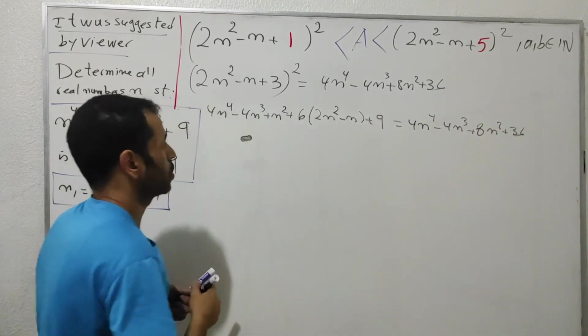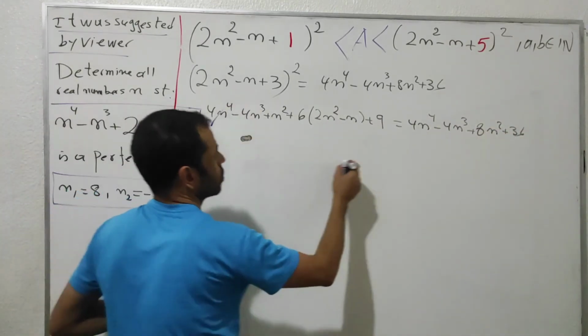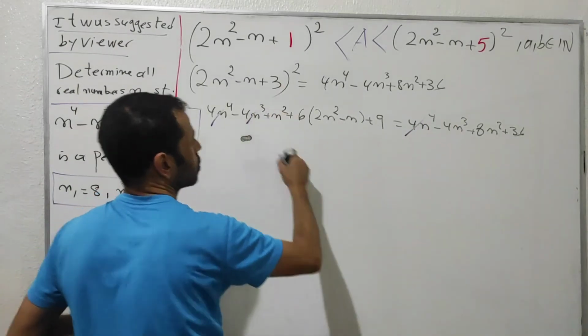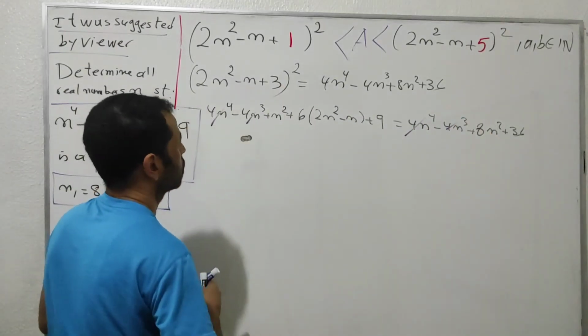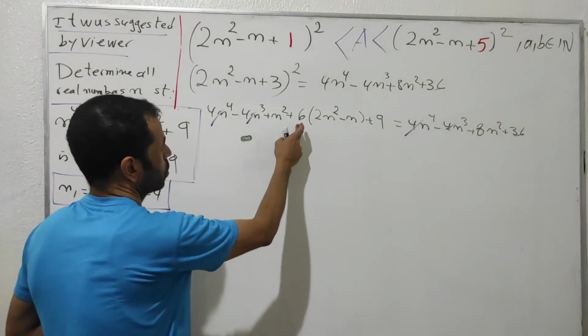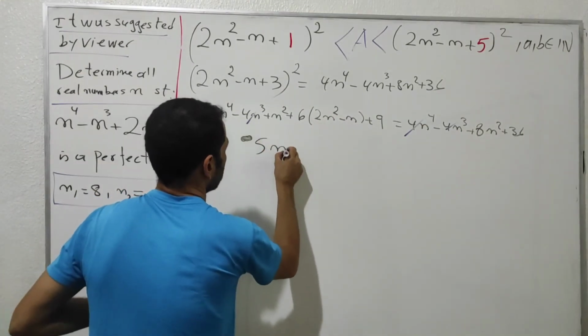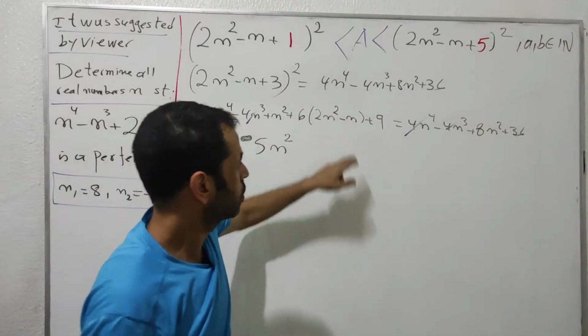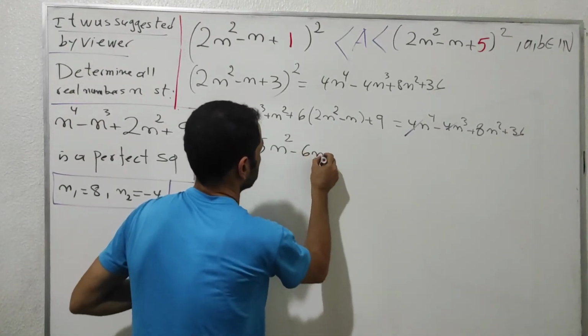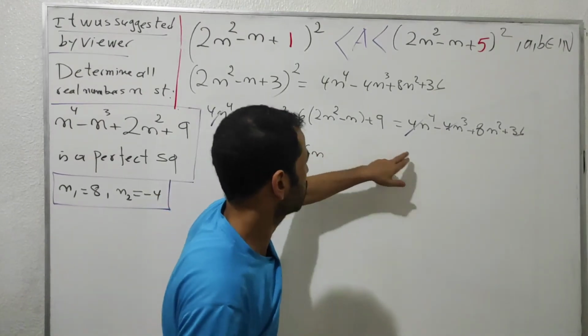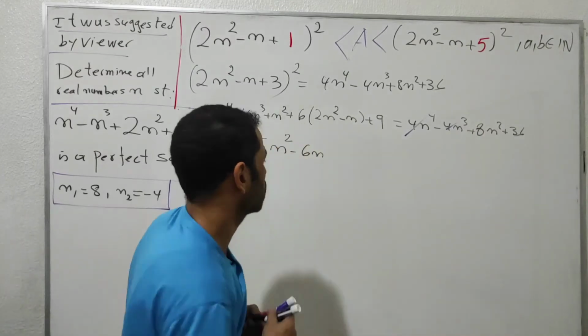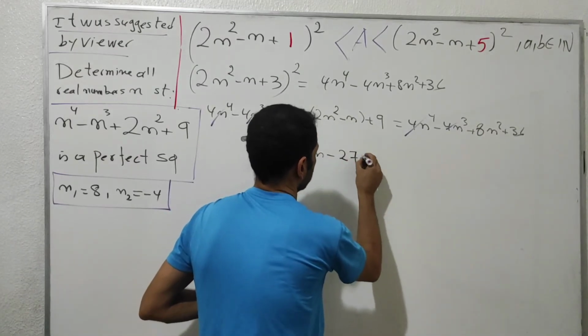Okay, so we'll have too many stuffs are going to cancel out, this one and this one, so I will be left with 5n square. You get here 9 minus this 36 here minus 27 equals 0.